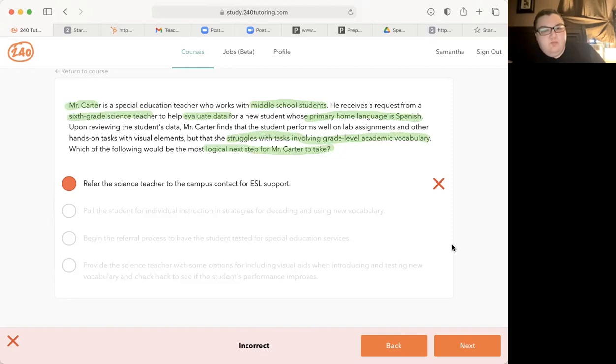Well, no. The thing is that she's not part of the special education program, so I would provide the teacher with some options to help her increase her academic vocabulary knowledge. There's nothing to indicate that she is with special ed.